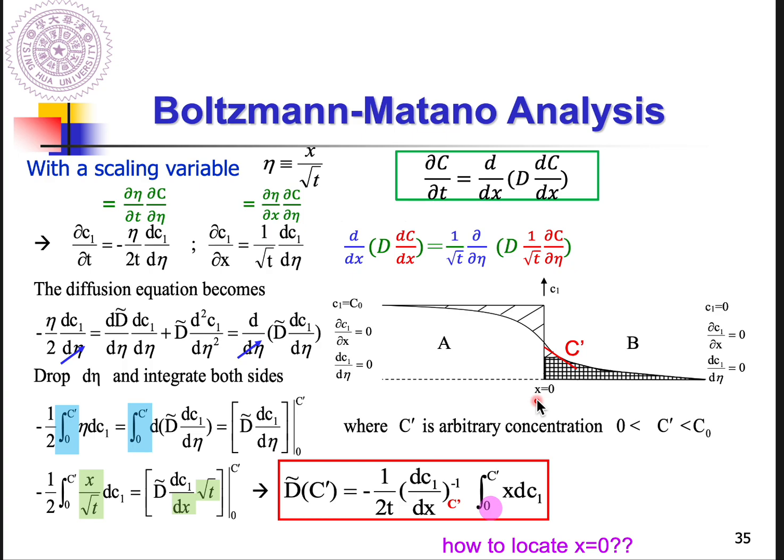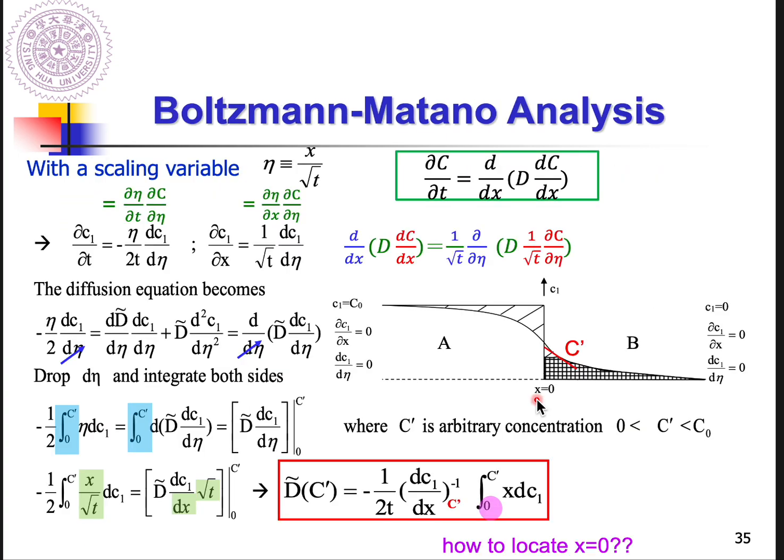Is this plane equal to the original interface plane? Or how to define this plane? The answer is no. While the diffusivity changes with concentration, this x equals to 0 plane is not equal to the original interface.